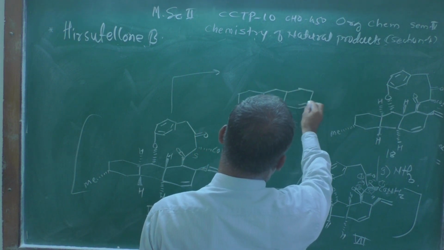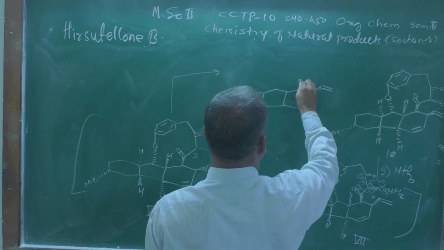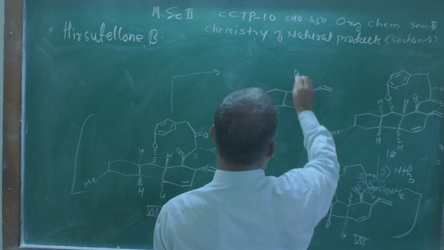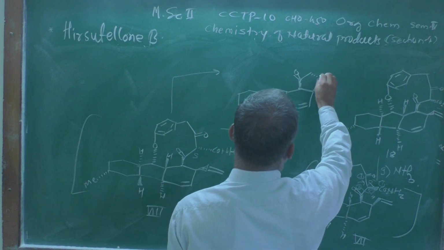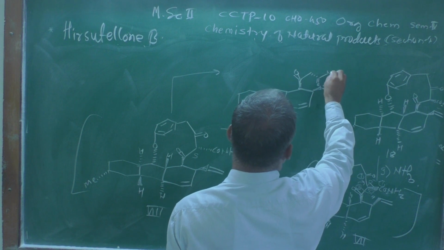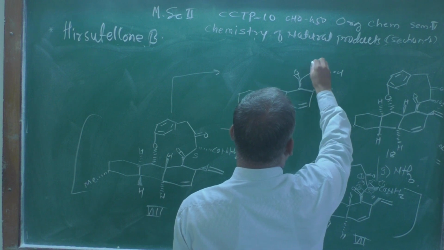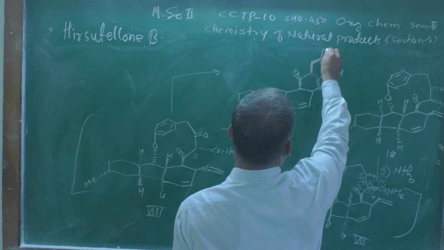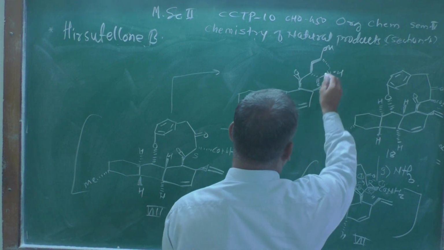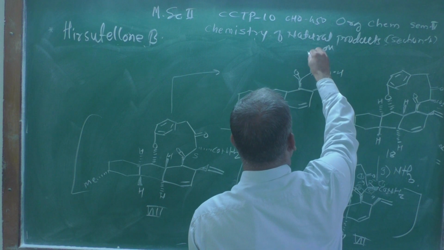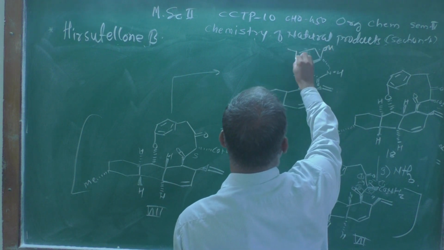Here this is a double bond, this group should be above the plane, and this group also is above the plane, C double bond O, then here that C double bond O, then here NH, then this group with stereochemistry here OH, then we can show that it is a gamma lactam type.